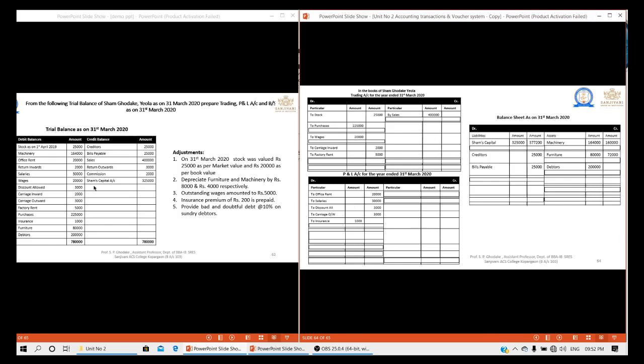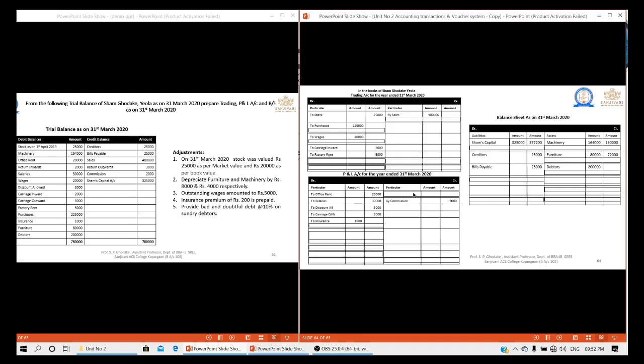We have the capital 3,25,000, and we have the commission, that is 2,000, which is credited to the profit and loss account, and capital is on the liability side of a balance sheet. So all these items were posted into the respective ledgers like trading account, profit and loss account, and balance sheet.